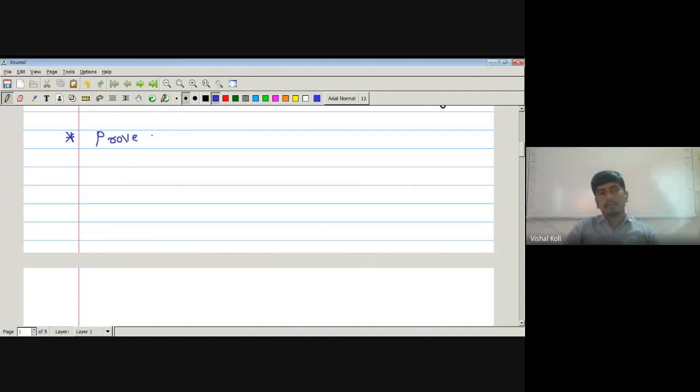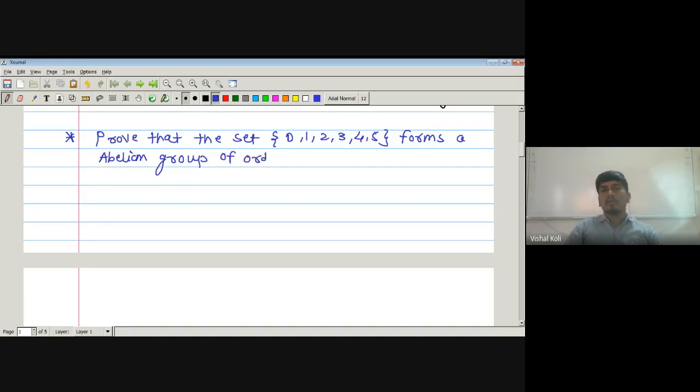Prove that this set 0, 1, 2, 3, 4, 5 forms an abelian group under addition modulo 5.